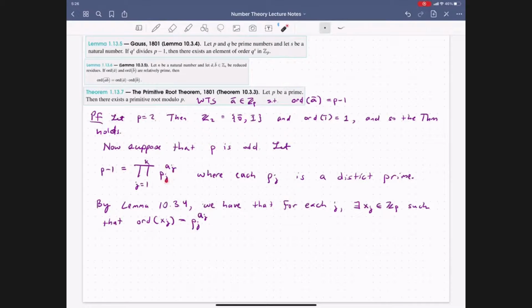So we have that p_j to the a_j divides p minus 1. So we have the existence of x_j's.